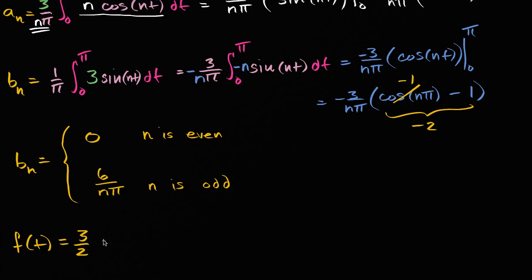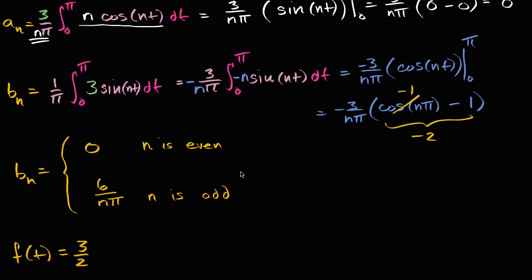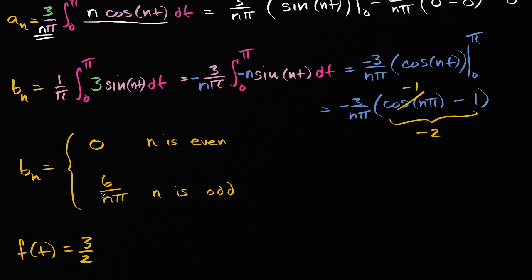Now, we don't have any a sub n's. We figured that out. All of the a sub n's are going to be 0. And then the only b sub n's we have is when n is odd. So we're going to have b sub 1. So that's going to be 6 over 1 pi, 6 over 1 pi sine of 1 times t. So sine of t.